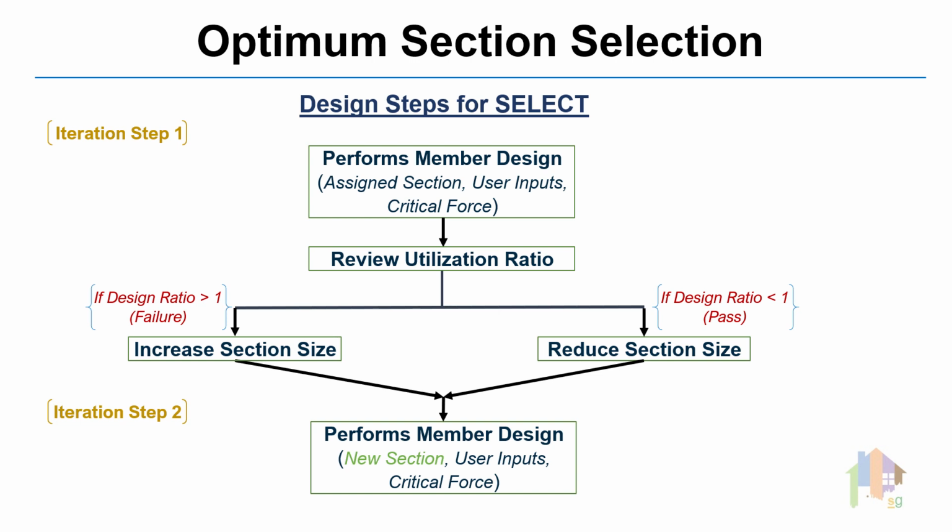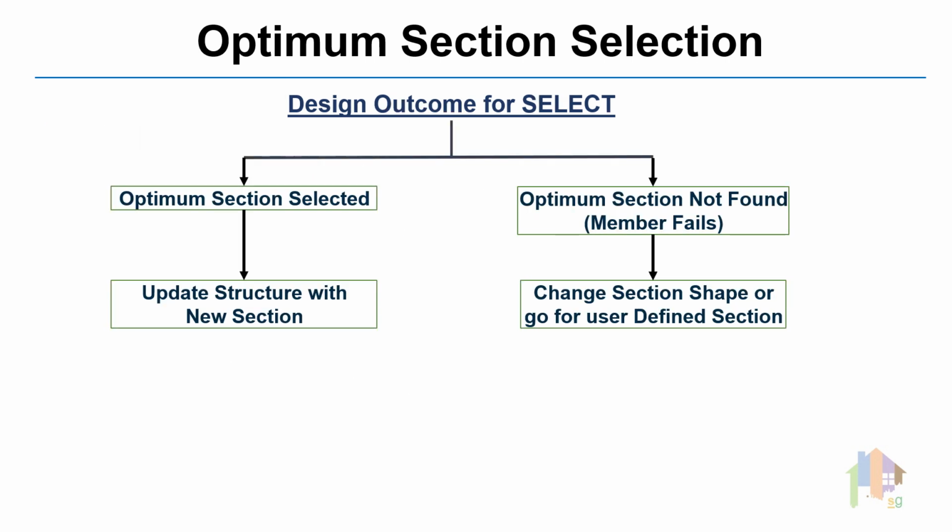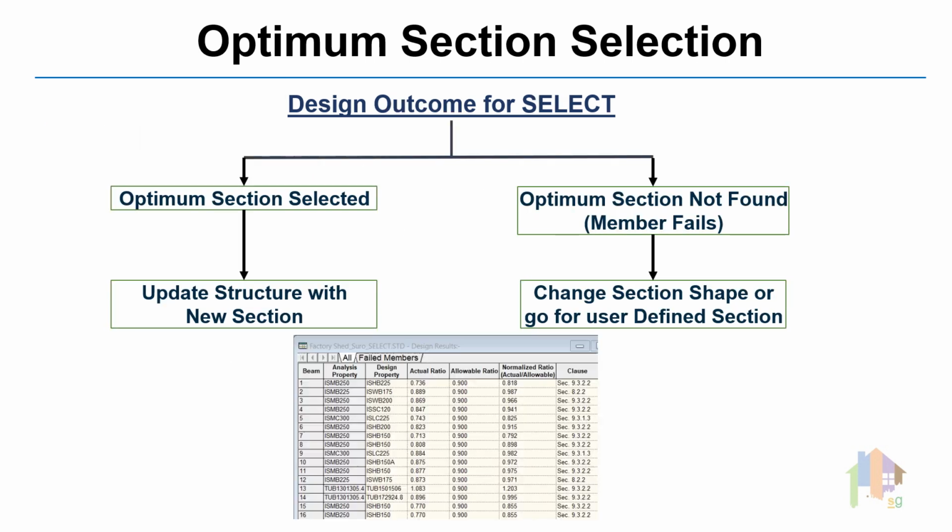This whole process, design a member, review the ratio, and accordingly select another section and redesign, goes on and on till the ratio is close to 1 or any specific ratio value. This might take a few iterations to complete the design process and find the most economic section for a member. There are two outcomes of this iterative approach.